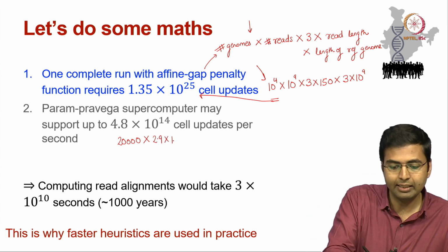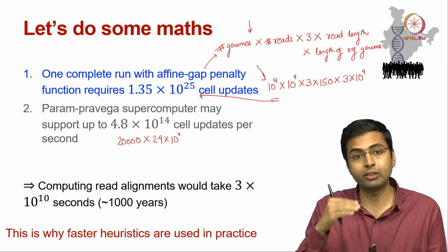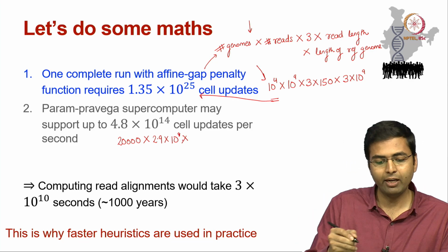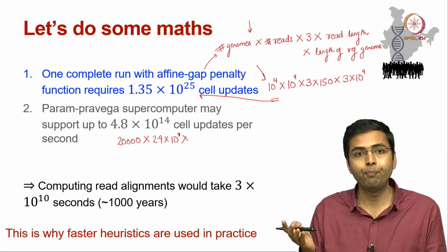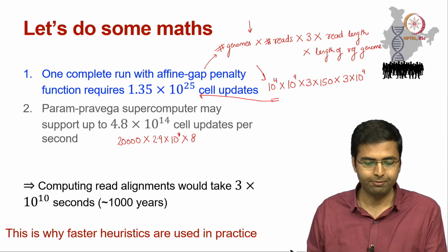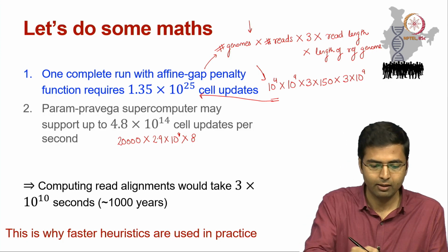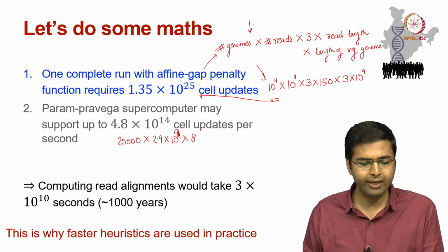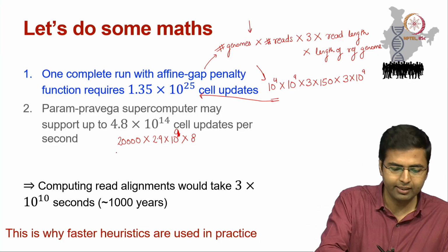So, these are the number of cycles at which these cores are running, and then we can also do 8 cell updates per clock cycle on each core. So, we can also multiply this by 8. If we do the maths, then what we get is this number.